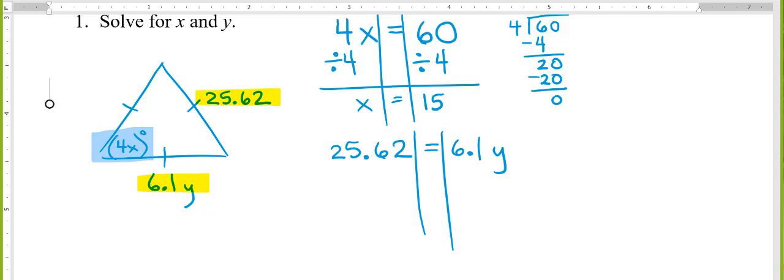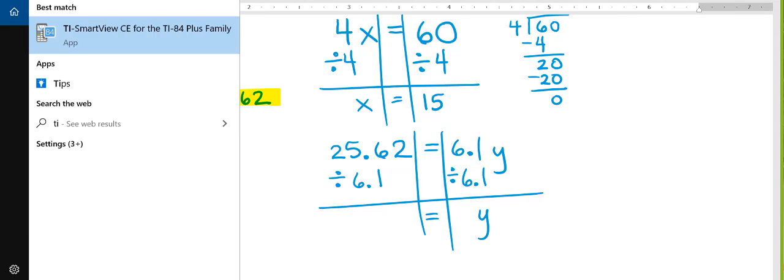Right now we're multiplying 6.1 and y, so we need to divide by 6.1. And because you guys are extremely tired, because we've been going at this for a long time, this is an entire week's worth of math, I'm going to go over here and do this.